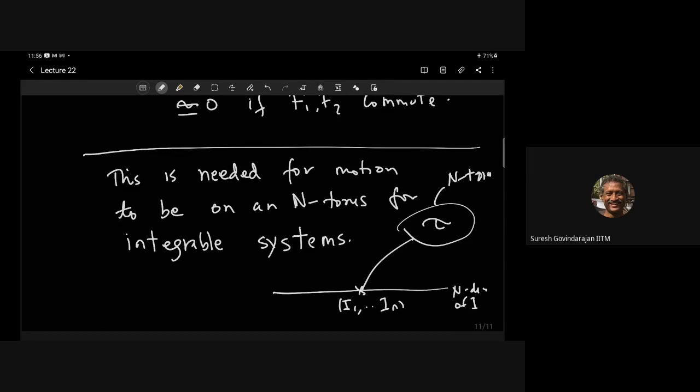There'll be some other q and p, which you have not traded for I and theta. So there'll be n minus 1 angles and 2 other variables. Motion will be in some n plus 1 dimensional space. So this is partially integrable.